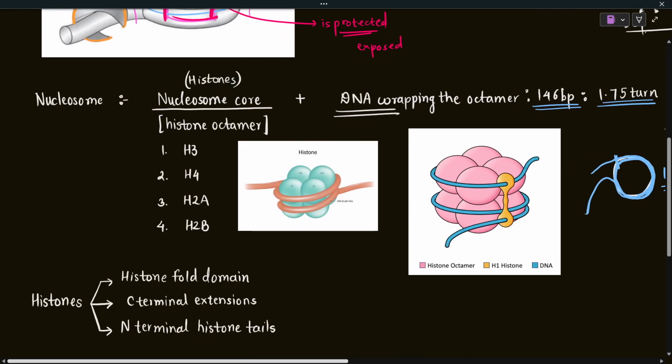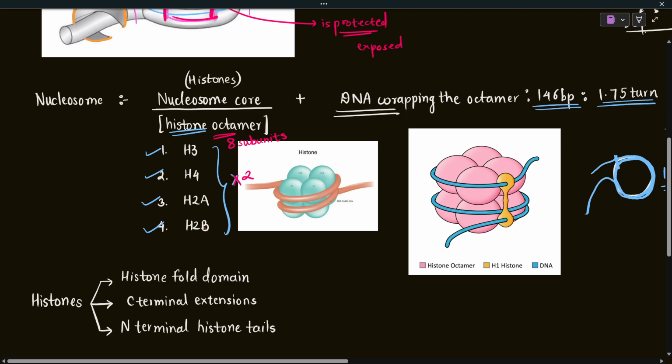The nucleosome core is made up of four types of histones: H3, H4, H2A, and H2B. These four types of histones are present twice in the histone octamer. Octa means eight, so it is made up of eight histones.